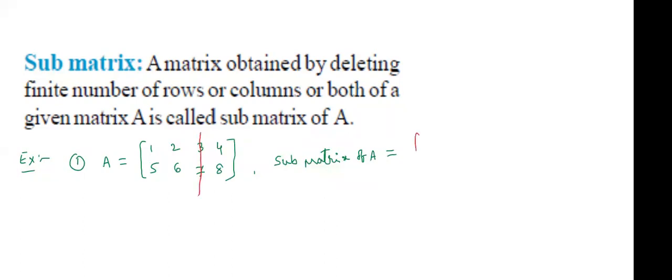So what matrix do we get? 1, 2, 4, 5, 6, 8. This is a submatrix of A. What have we deleted here? Which column have we deleted? The third column, C3 is deleted.